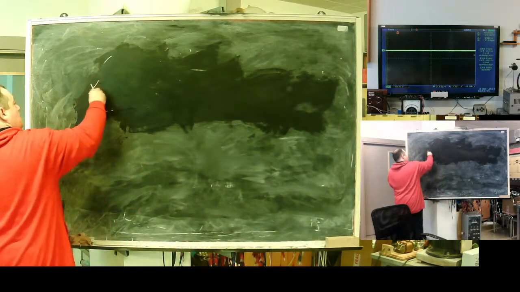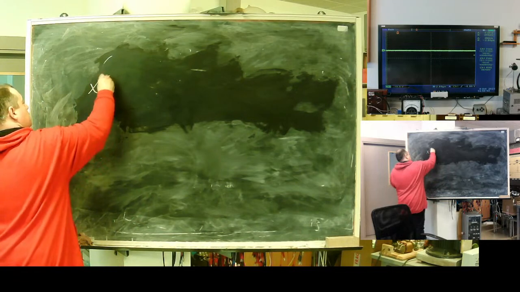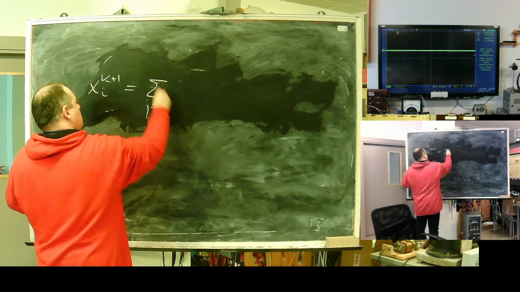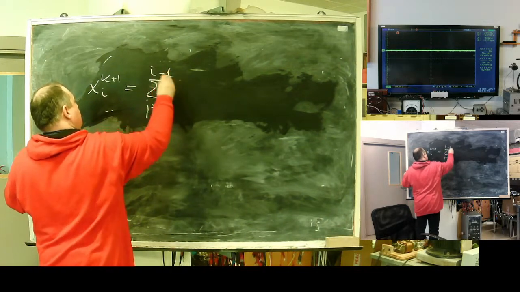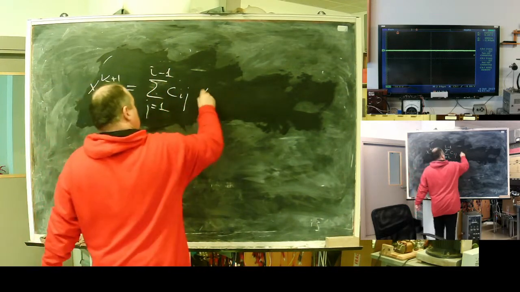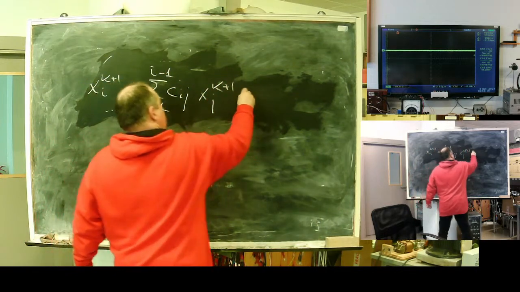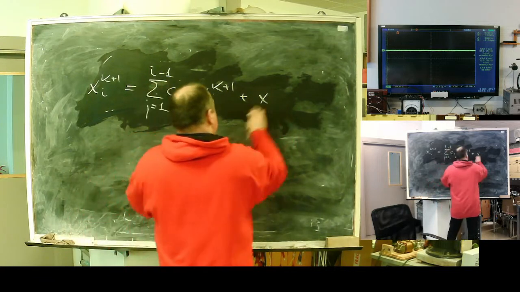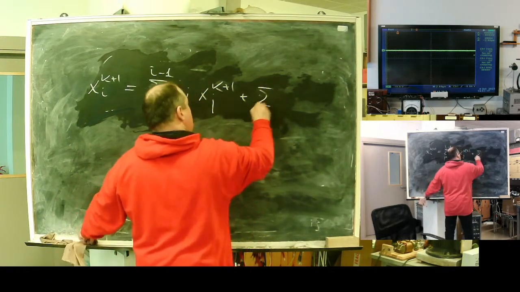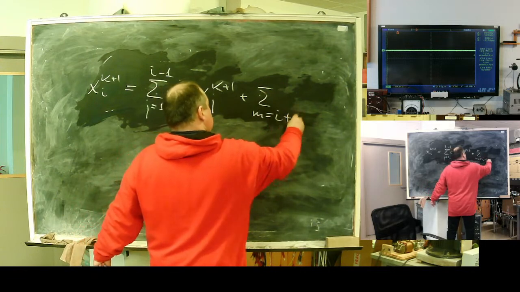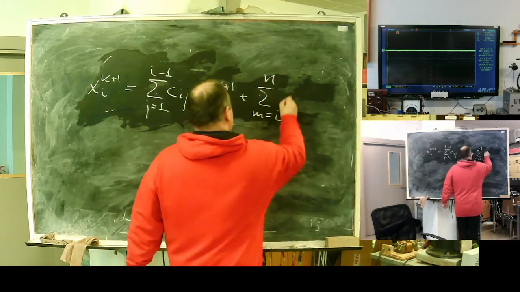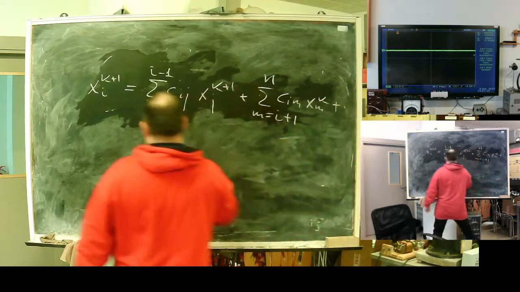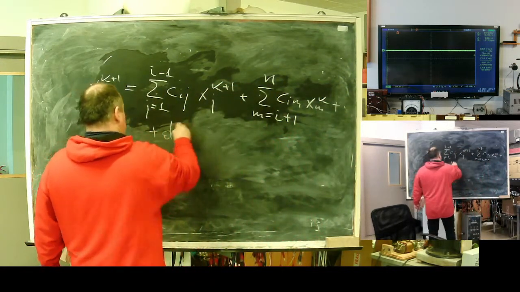in the kind: x_i next should be the sum from 1 to i minus 1 of C_i x next, plus the sum where m goes from i plus 1 to the number of iterations of C_i x previous, plus d_i.